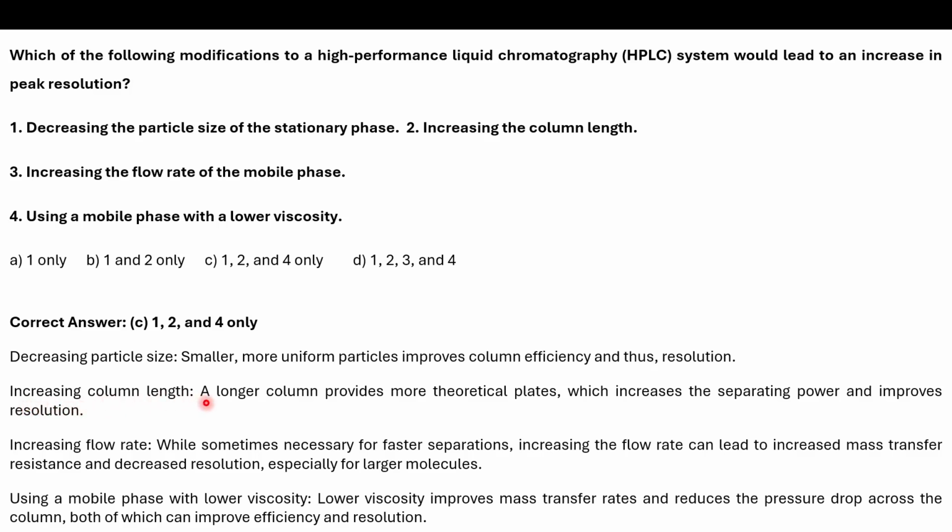If we are increasing the column length, a longer column provides more theoretical plates, which increases the separating power and improves the resolution. But if we are increasing the flow rate, many times it leads to increased mass transfer resistance and decreased resolution, especially for larger molecules.